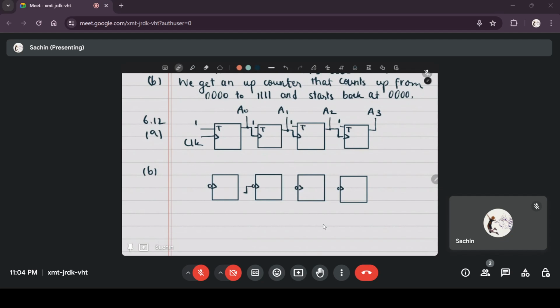So you simply connect it to the complemented outputs of the T flip-flop.